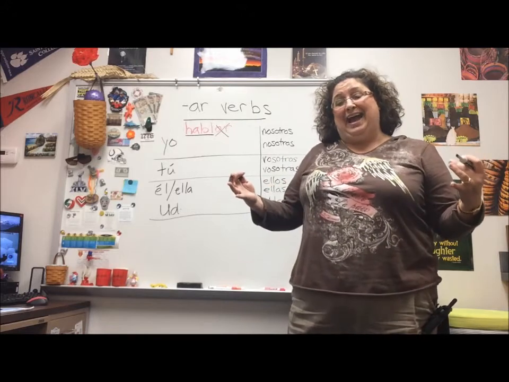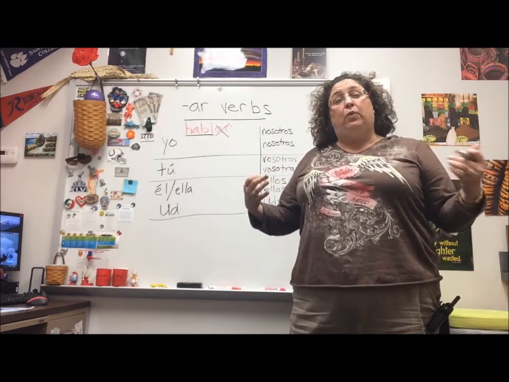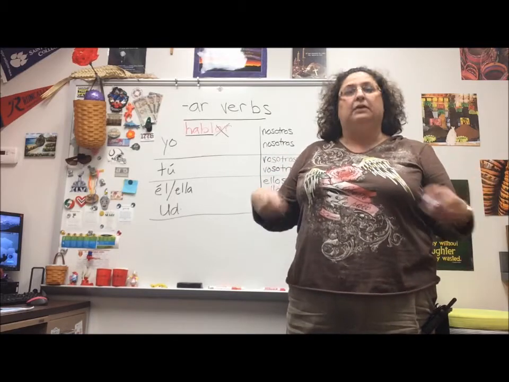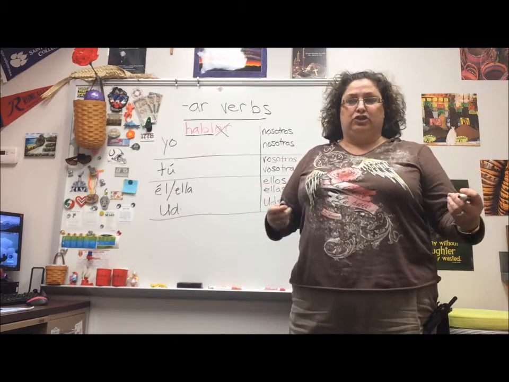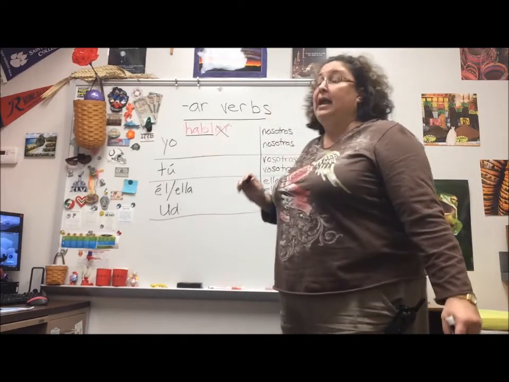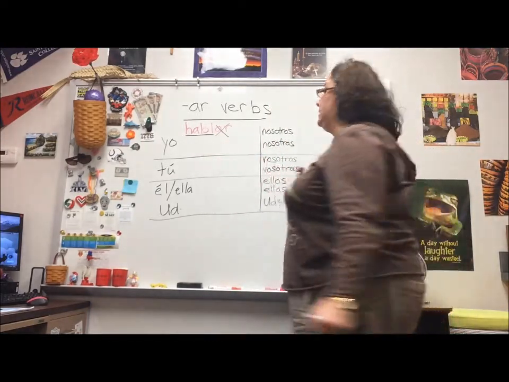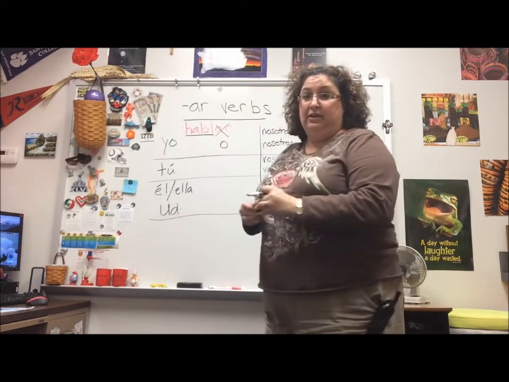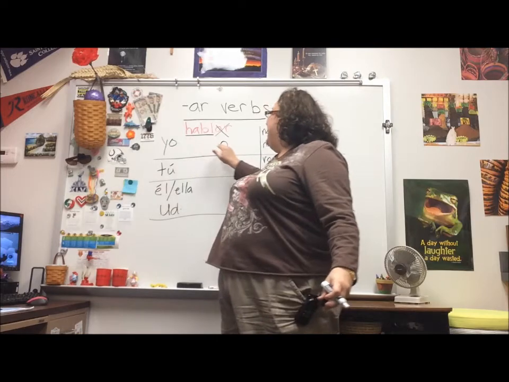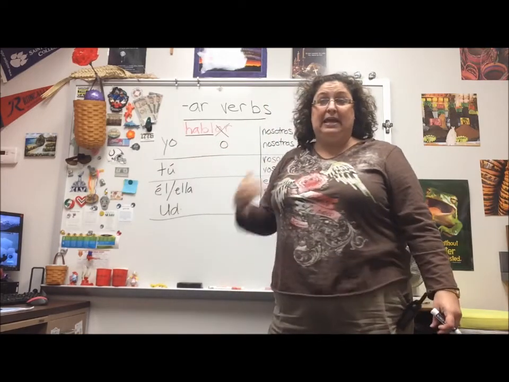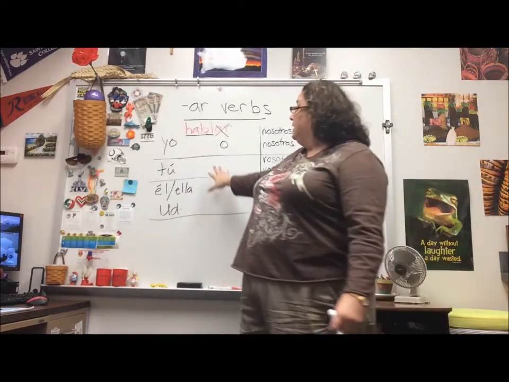So now we have to add an ending to it so that when you say it with the ending, it means I speak, you speak, he or she speaks. So we keep our stem, and if I want to say I speak, you add an O to the end of it. So I would say yo hablo, which means I speak.